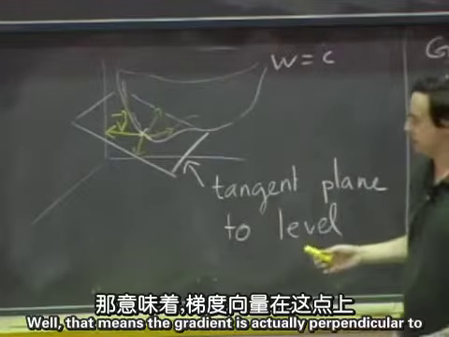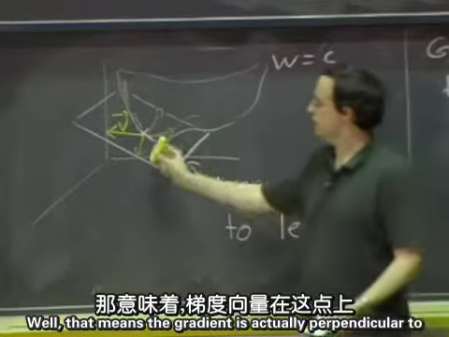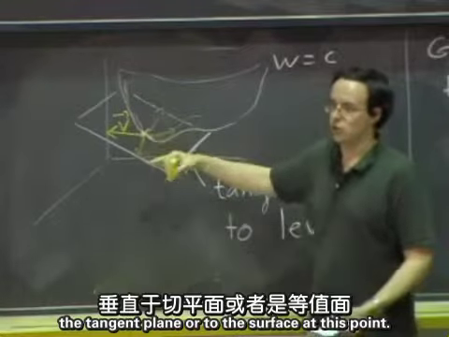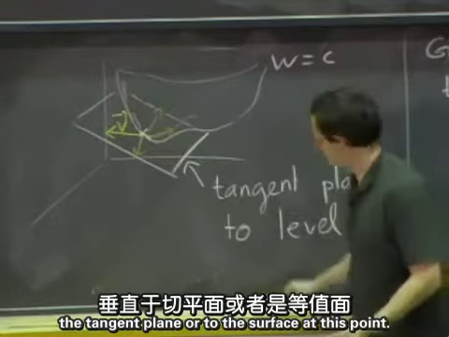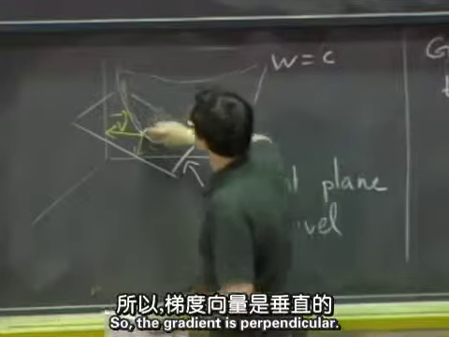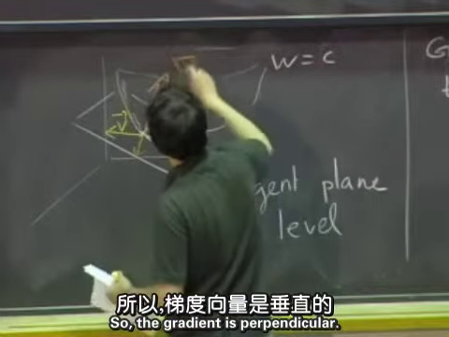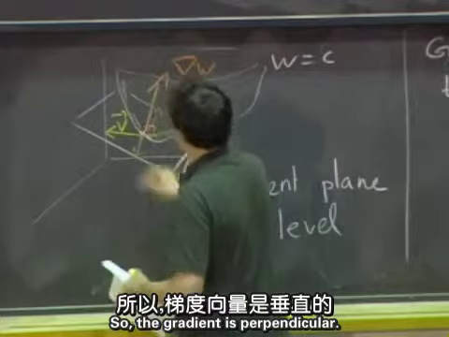So what does that mean? Well, that means the gradient is actually perpendicular to the tangent plane or to the surface at this point. So the gradient is perpendicular.